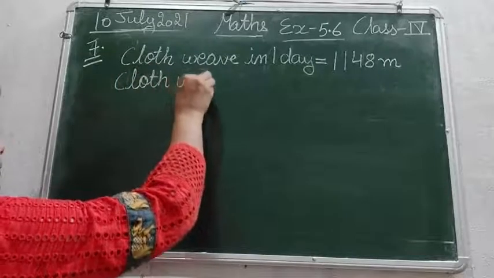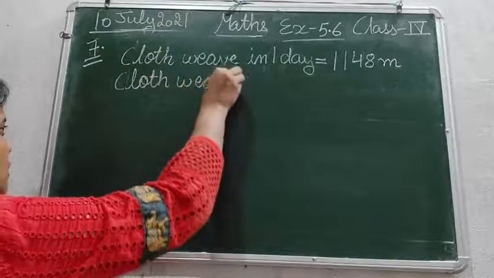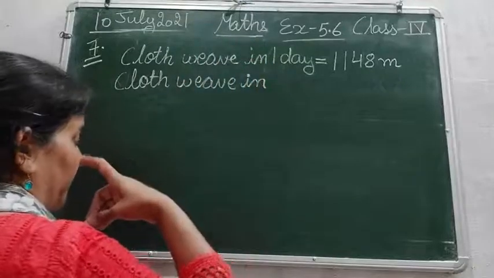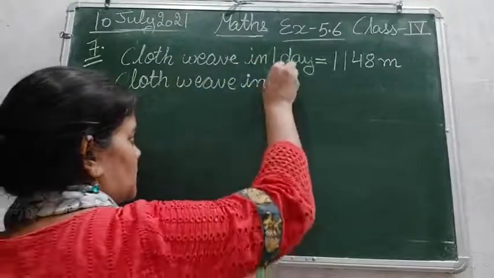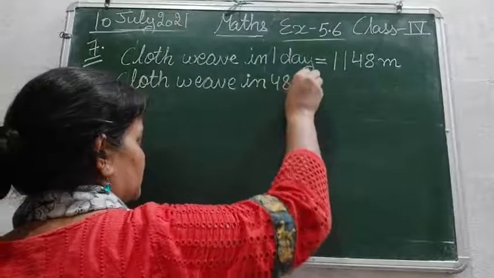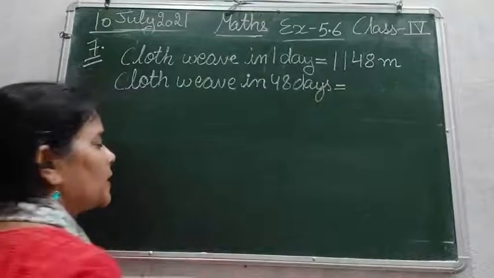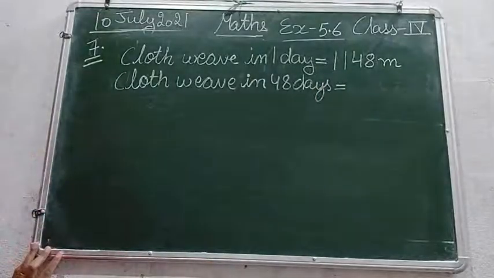Weave, W-E-A-V-E, weave in 48 days. 48 डेज में कितना वीव करेंगे वो हमें निकालना है. तो 1 डे का दिया है, 48 डेज का निकालना है.